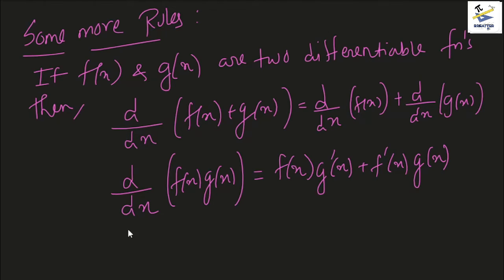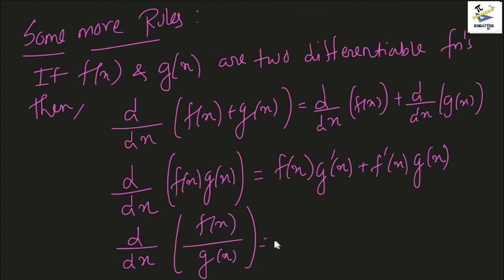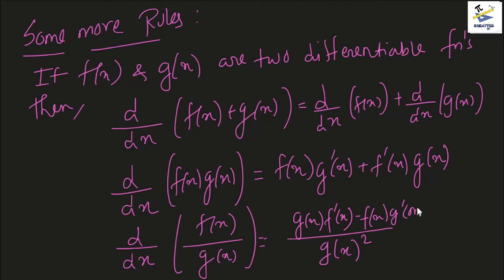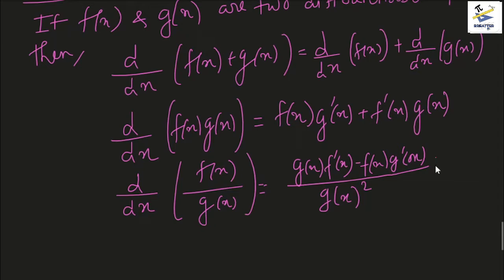And finally, if you are given two functions in the form of division like this, then the answer is simply g(x) whole squared, g(x) into f dash x minus f(x) into g dash x. And obviously here g(x) is not equal to 0.